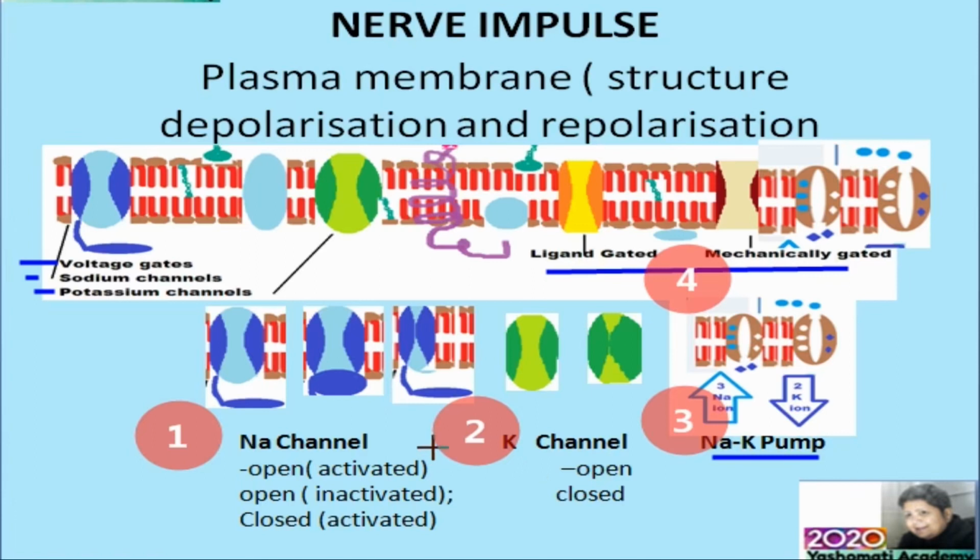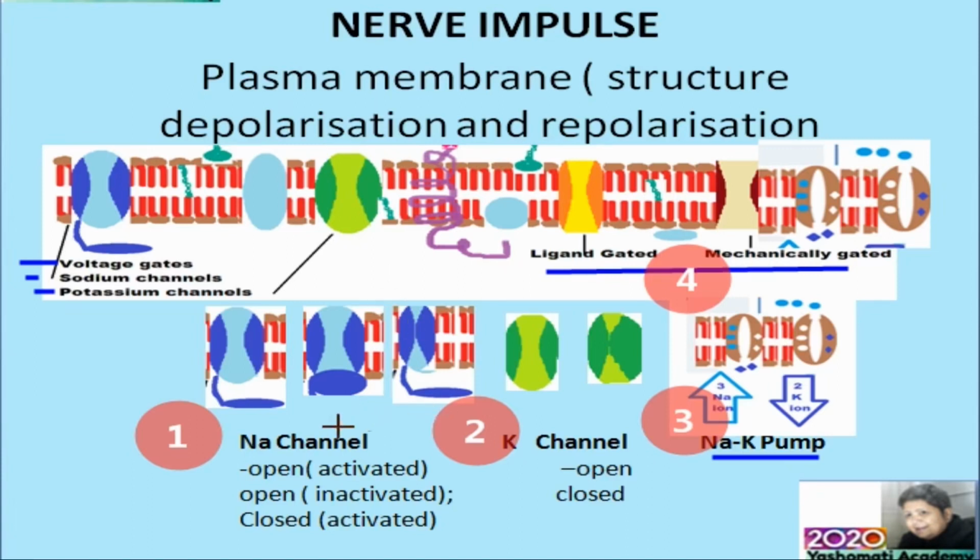So because of that, when threshold potential is exerted on the neuron, it reaches the action potential, and then due to depolarization and repolarization of the plasma membrane, the nerve comes back to the normal state, that is called the resting stage, so that it can be fired again.